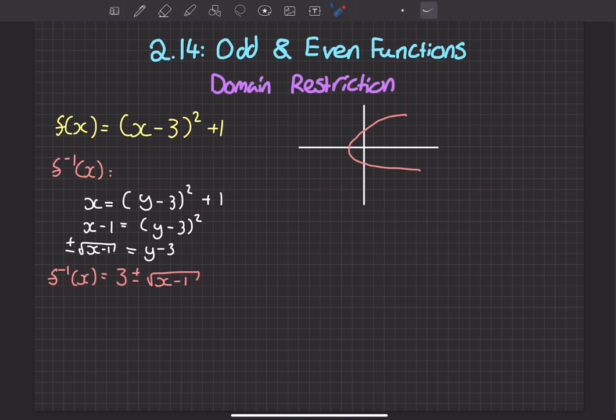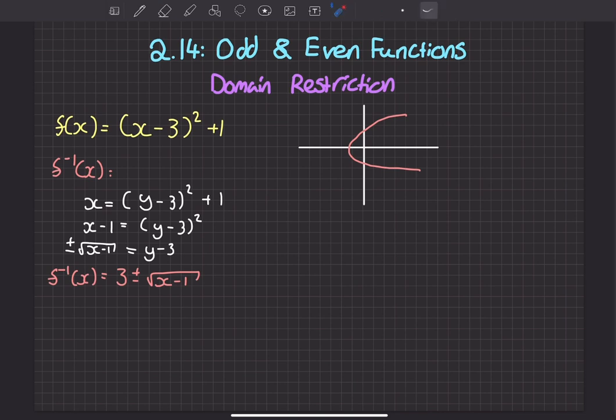Where if you do a vertical line test, you draw a line across, it will touch the graph twice. And if that happens, this means it's not a function. So how can we make this into a function? Well, it's pretty simple. We can either just erase this entire part or erase this entire part, right? And how do we do that, you may ask?